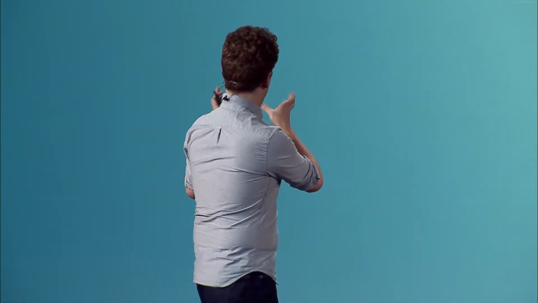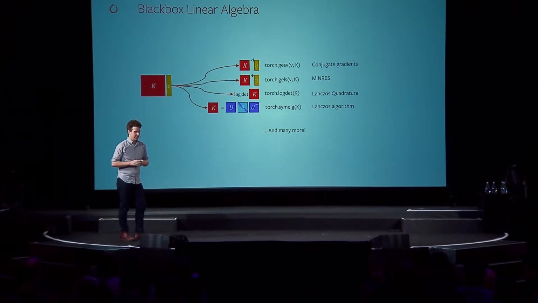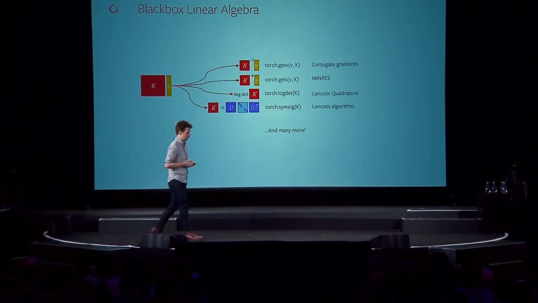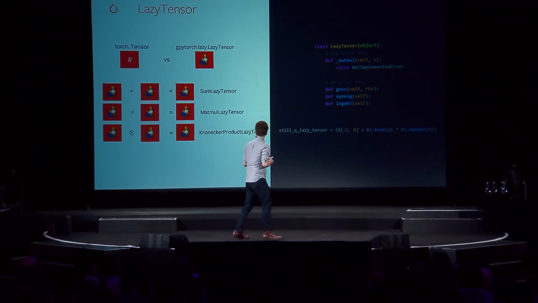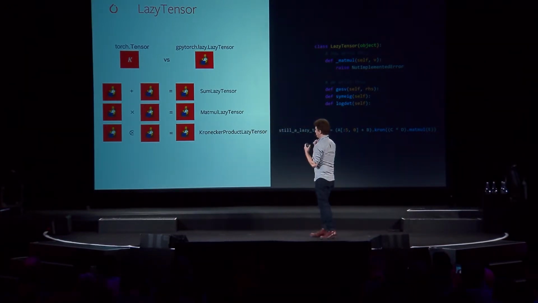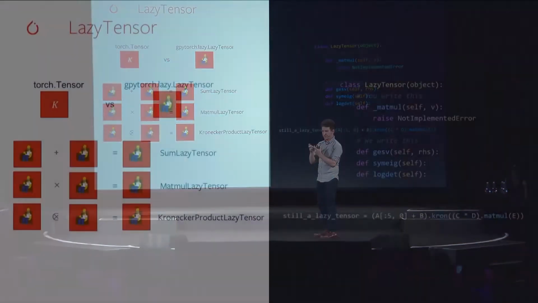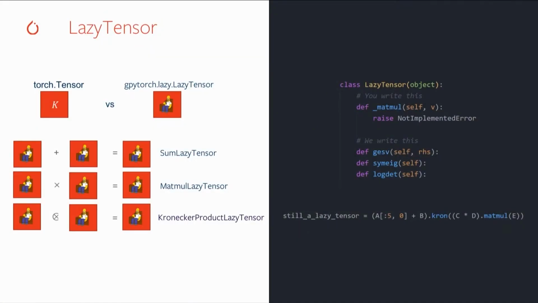In order to build this framework around this MVM approach, we introduced this concept that builds on the torch tensor, which we call the lazy tensor. A tensor in Torch is just a matrix, and a lazy tensor is like a tensor, it's just a little lazier. The way you implement a lazy tensor is you extend LazyTensor and you define a matmul, and that's all you define.